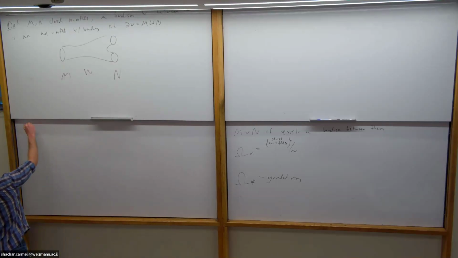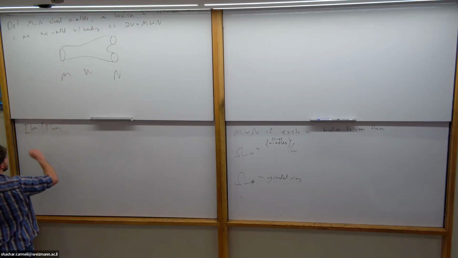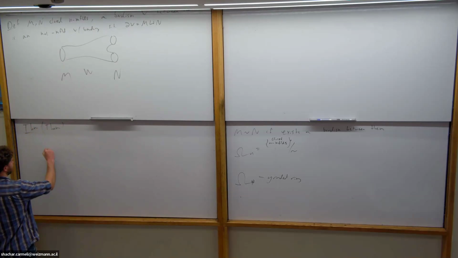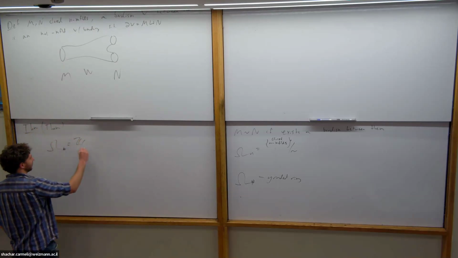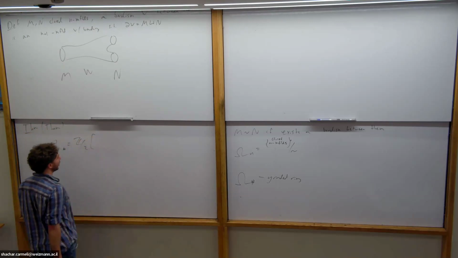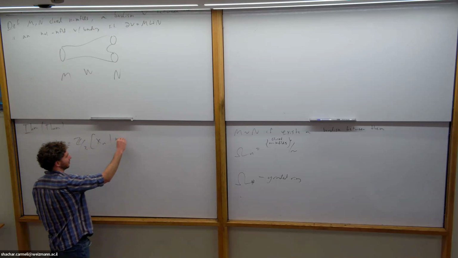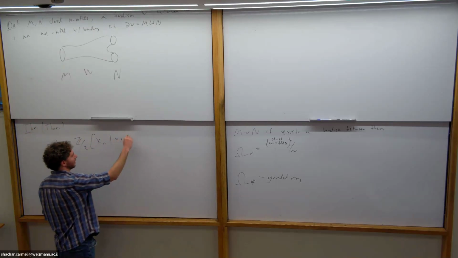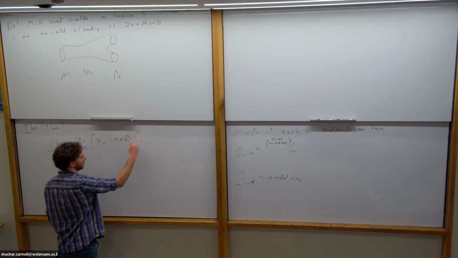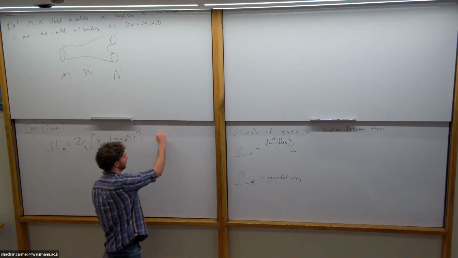The classical result, due to Thom, is that this graded ring is Z/2 with polynomial generators x_n whenever n is not one less than a power of 2, where x_n is in degree n.